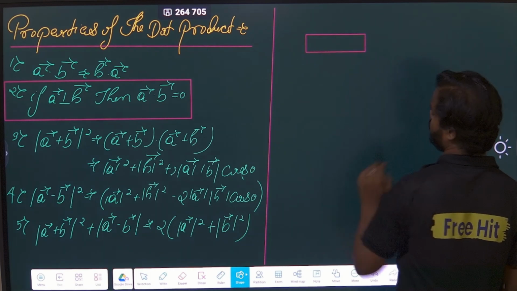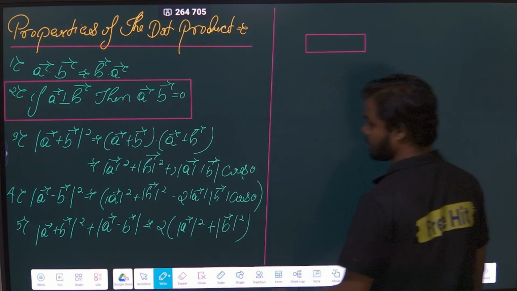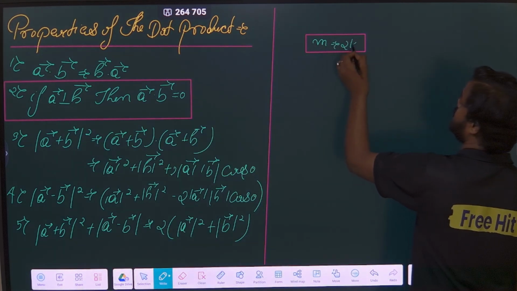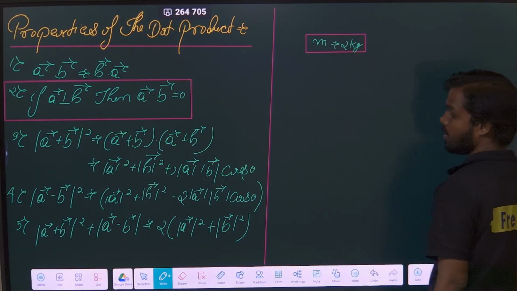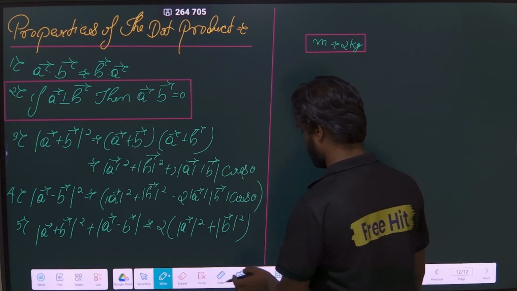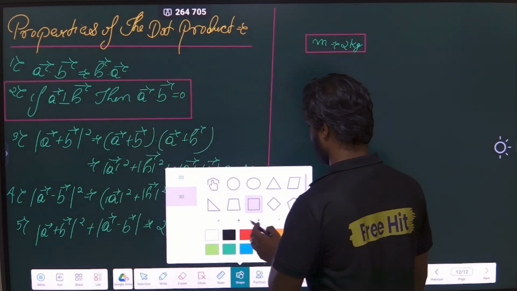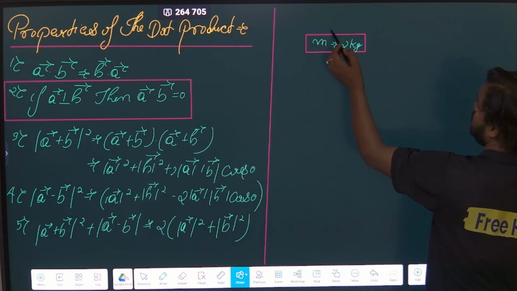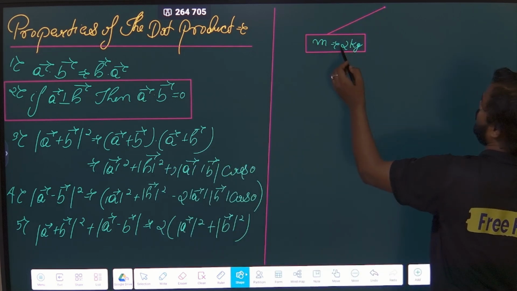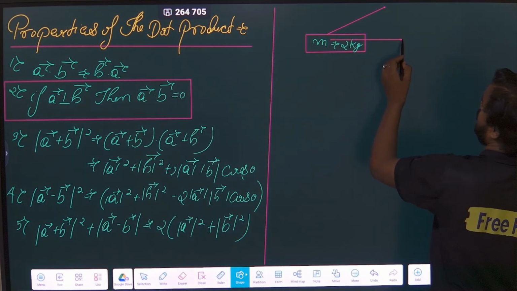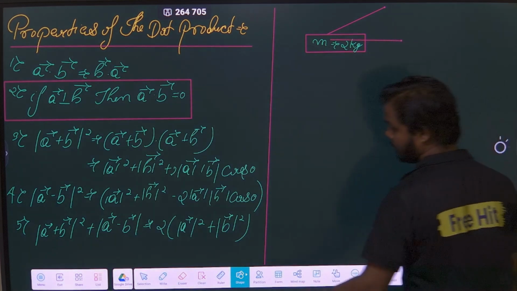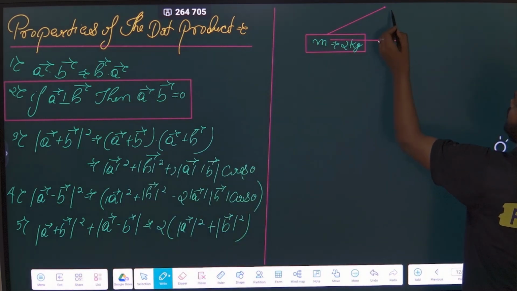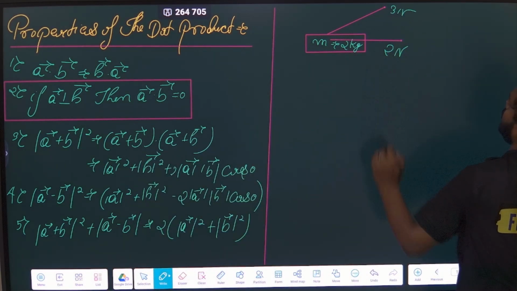The question is very simple. Suppose there is a block and it has some mass of 2 kg. Suppose the mass of the block is 2 kg, and I applied a force. The force is 2 Newton and this is 3 Newton.